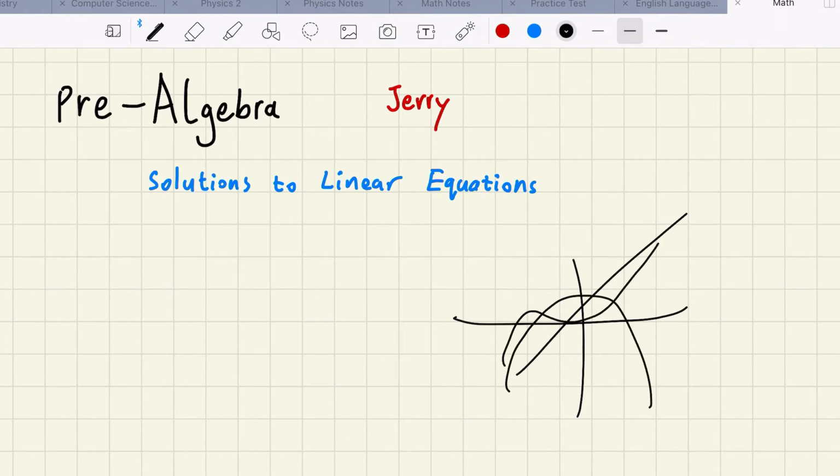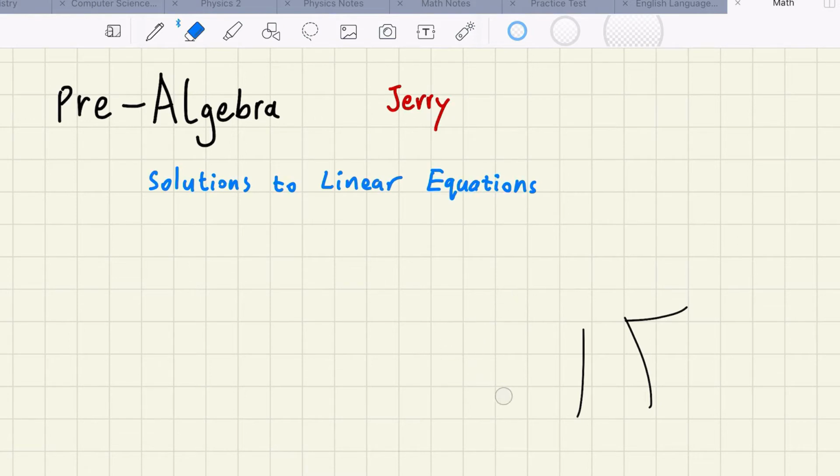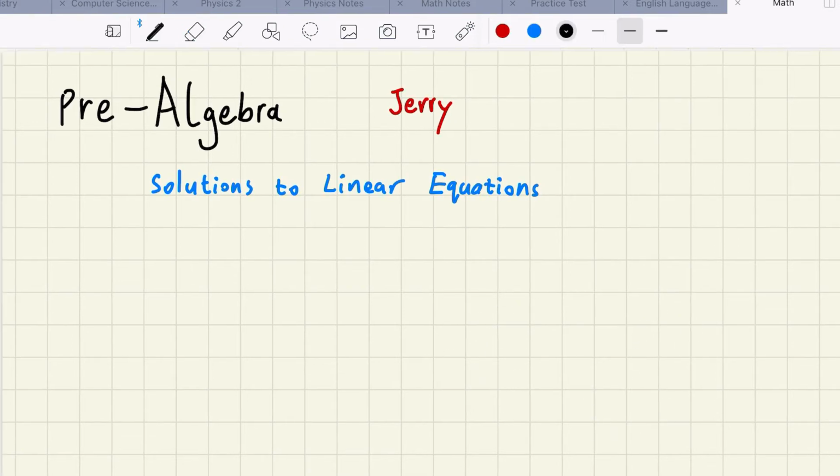As long as it is a point on that graph, it will be considered a solution. And since we're dealing with linear equations today, we'll be looking at straight lines. So let's jump into the problems.